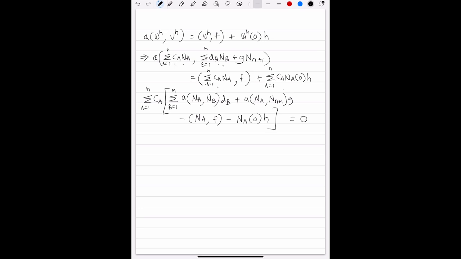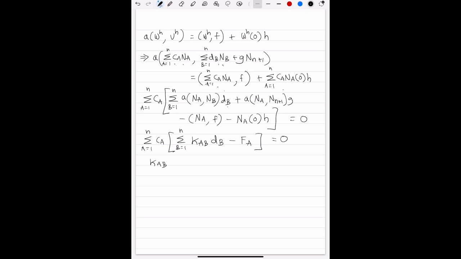So in this equation, the dBs are the unknowns which we need to solve for. So knowing that, this equation can be further written in a succinct manner as summation A equal to 1 to n Ca multiplied by summation over B equal to 1 to n Kab times dB minus Fa is equal to 0.